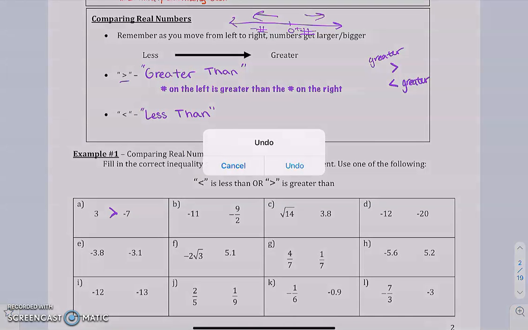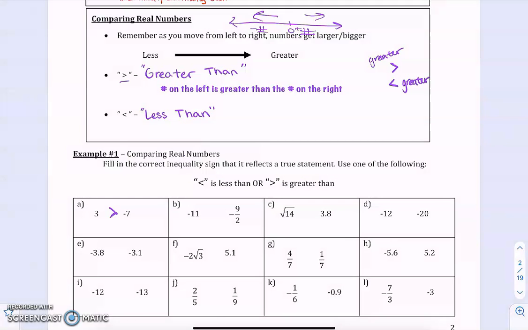So that's good. They're both integers, easy to compare. But when you've got an integer and a fraction, they're also both negative, it's a little harder to figure out. So what I want you to do is make everything the same type of number. So make everything a decimal. That way it's a little easier to compare as you move through.